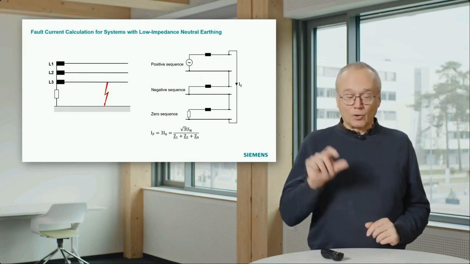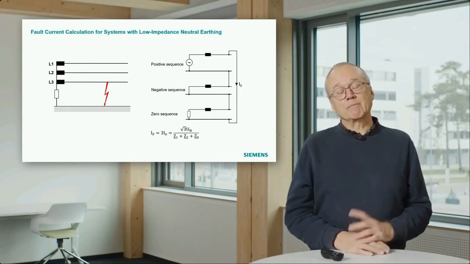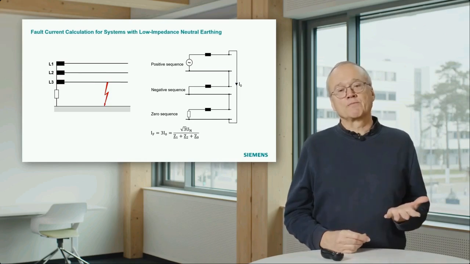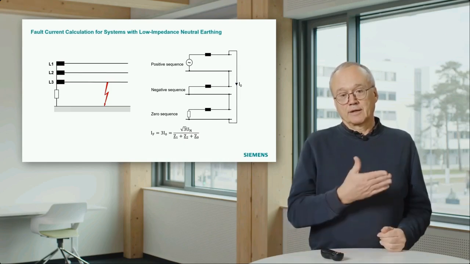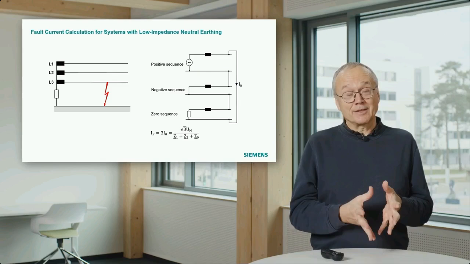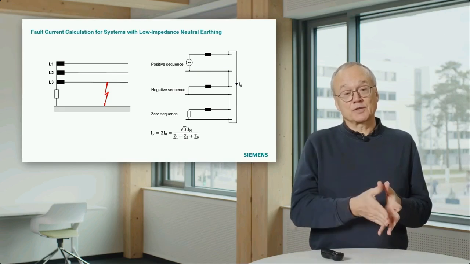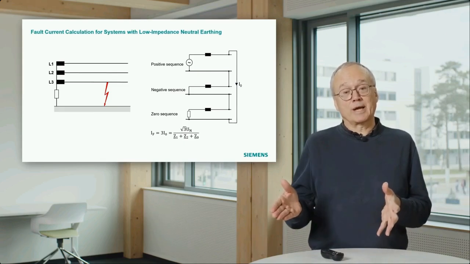This resistance, of course, is not a tiny little thing. Imagine if you have 6 ohms, if you have 2 kiloamps flowing through 6 ohms, the power you have then in this resistor is R multiplied by I squared.